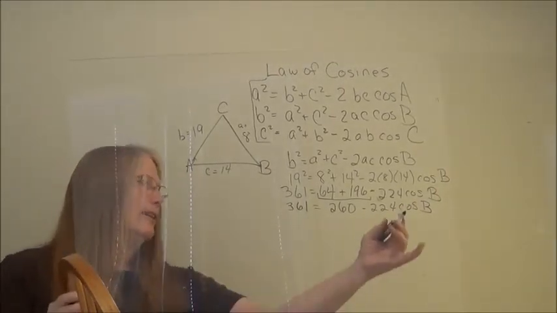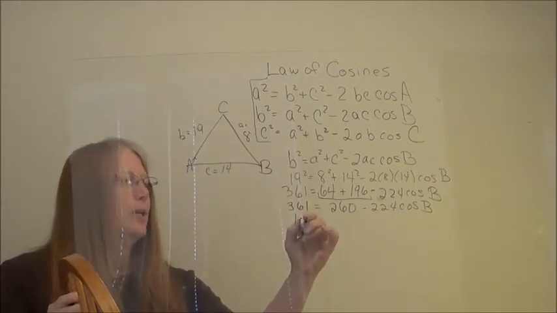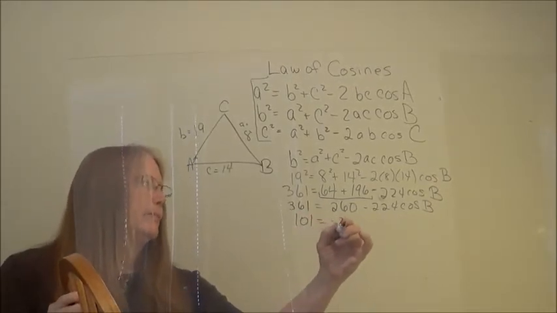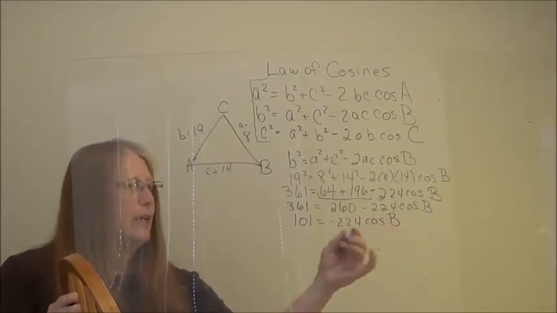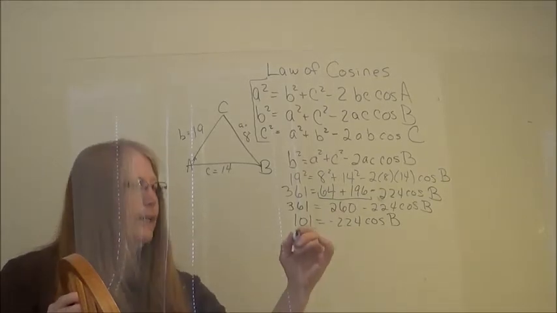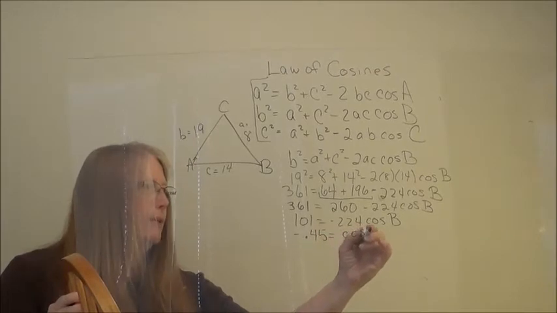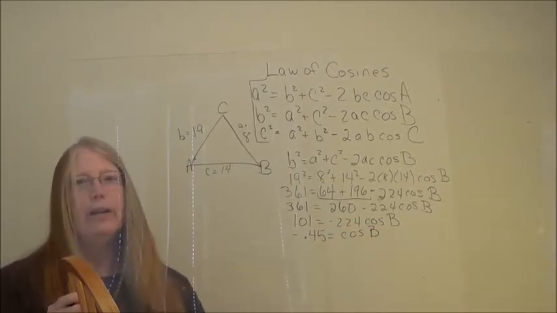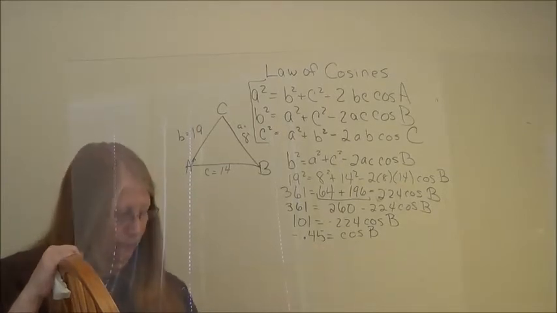Alright, so now bring the 260 over by subtraction, and it becomes 101. We still have that negative 224. Divide both sides by negative 224, and I get negative 0.45 equals cosine B. My calculator knows what angle has a cosine of negative 0.45.